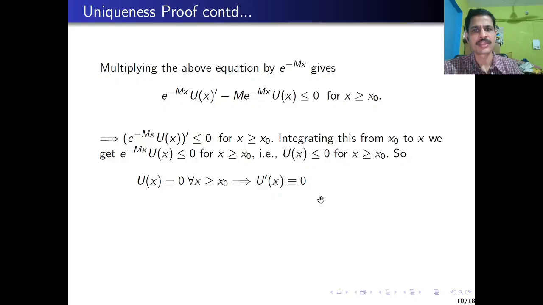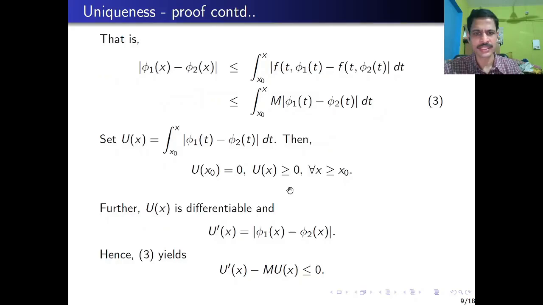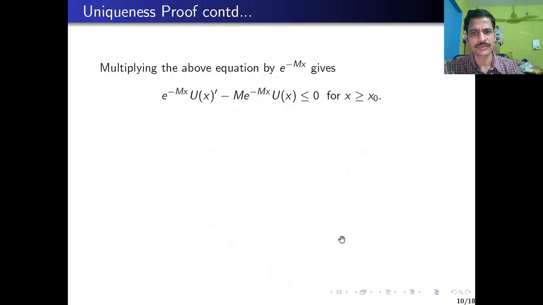But u dash x equal to 0 throughout means what? u dash x is this quantity. So this quantity is 0, which means modulus of phi1x minus phi2x is 0, which means phi1 is equal to phi2.